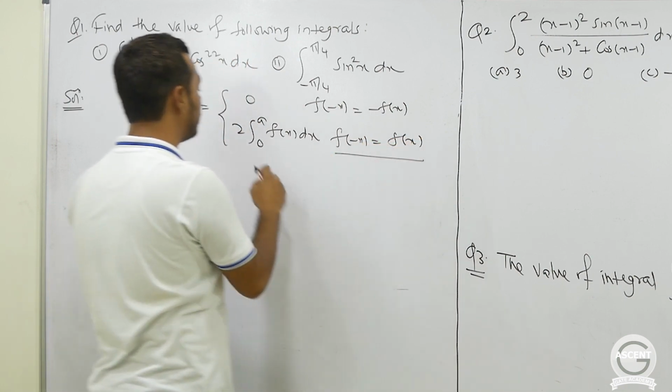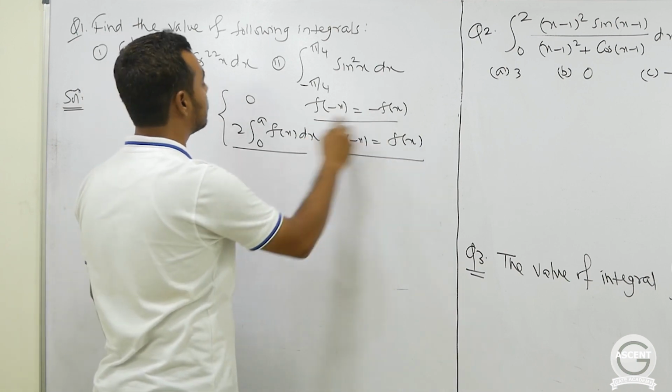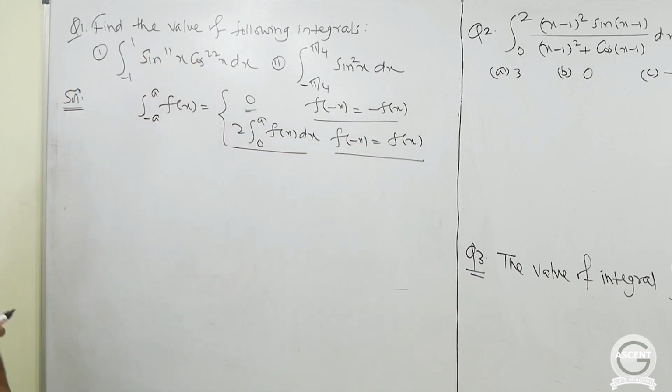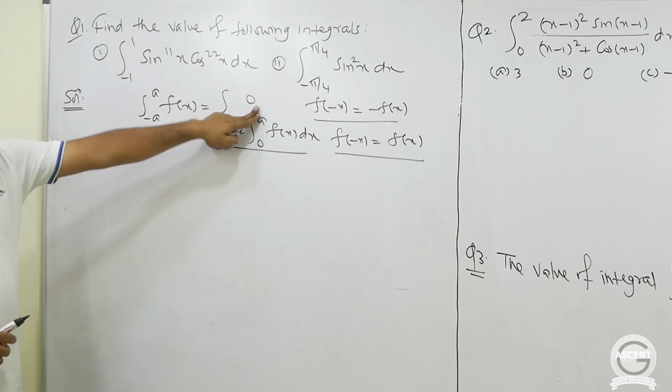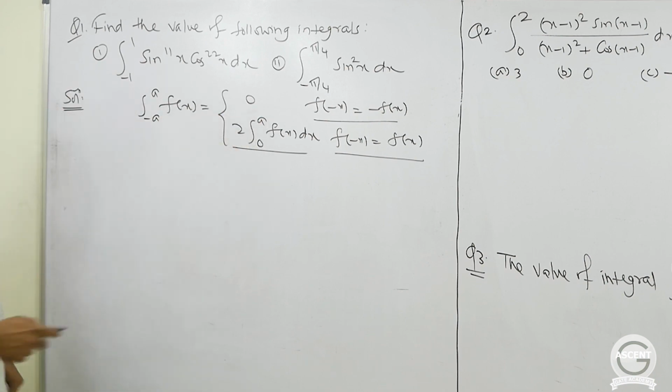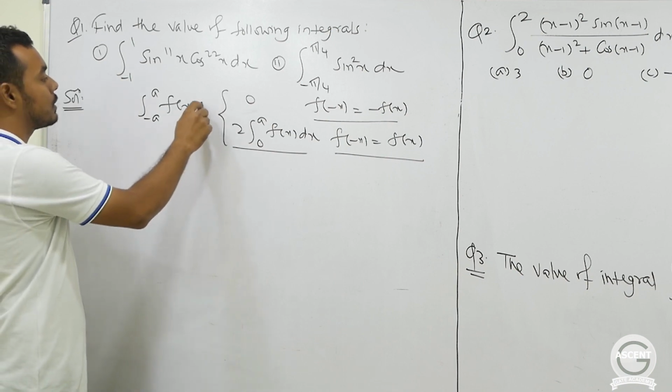If it is even, then 2 times 0 to a. If it is an odd function, then the integral will be 0. So whenever you see that the limit is from minus a to a, try to think whether this function is an odd function or an even function.